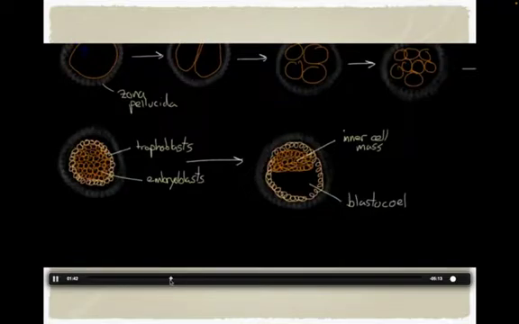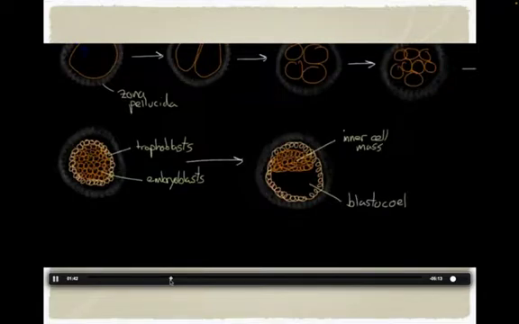So again, now the cells are differentiated into trophoblast and embryoblast. Then the trophoblast will stay where they are, but the embryoblast will collect themselves on one side and differentiate into an inner cell mass.